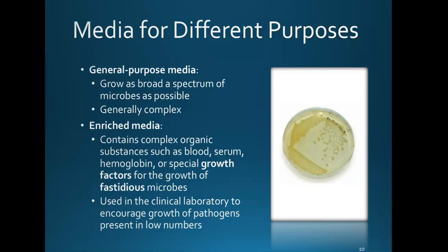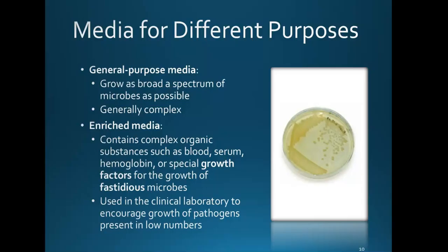So you're just going to swab your inoculum on it and see what pops up. Usually all microorganisms look the same on general purpose media, but it's typically a way to grow something initially, just to get it to grow, to see what you've got, and then you can investigate it further.